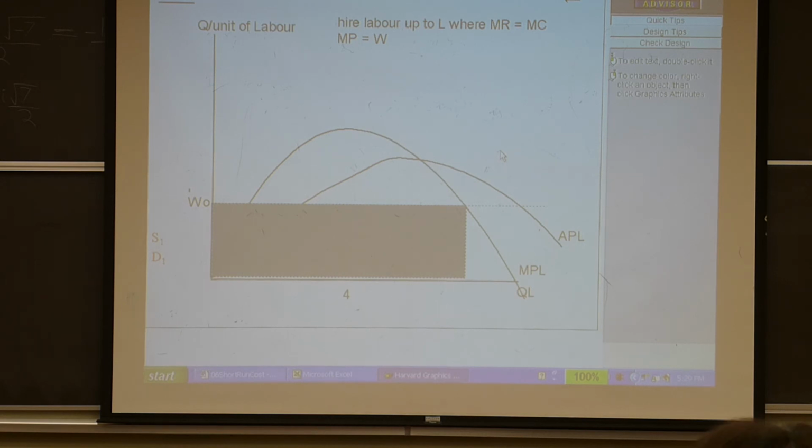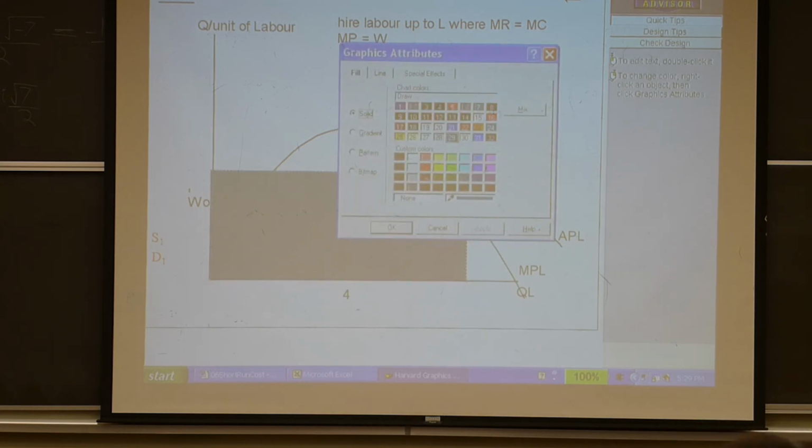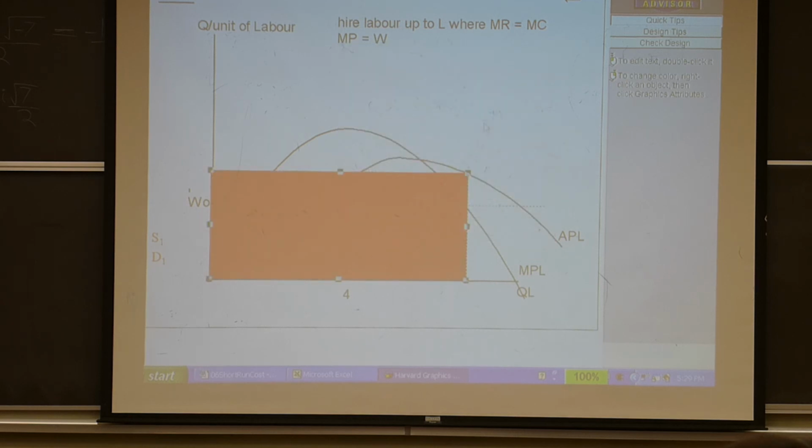So it turns out the total product is, in this case, this. There's the total product, and if I can get this one, this thing here. Okay, there's the profit right there. See it?